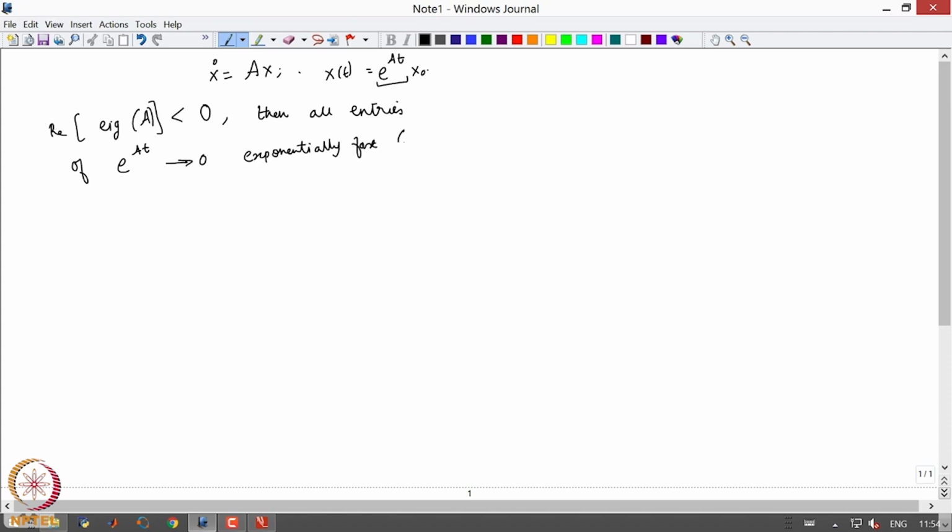As t goes to infinity, the entries converge exponentially fast, and therefore e power At converges to 0 also exponentially fast.